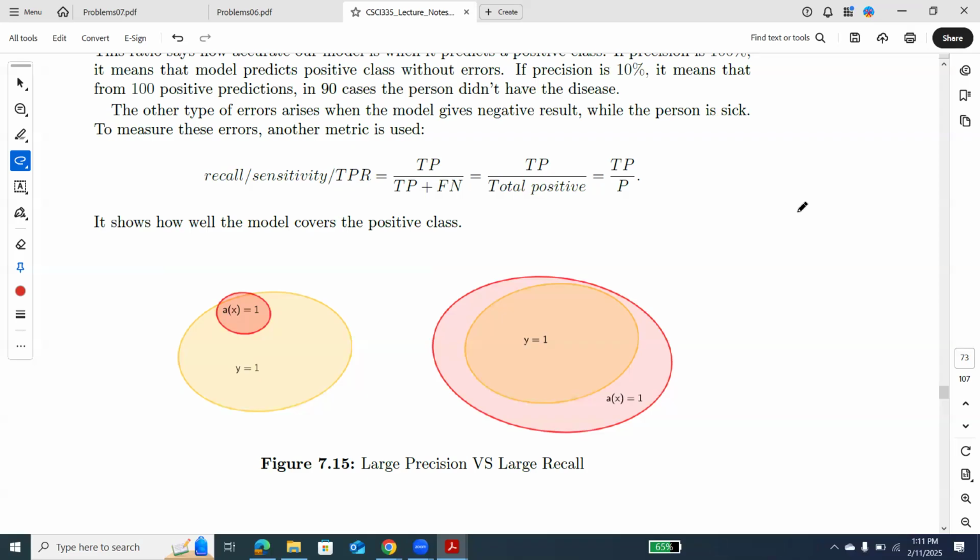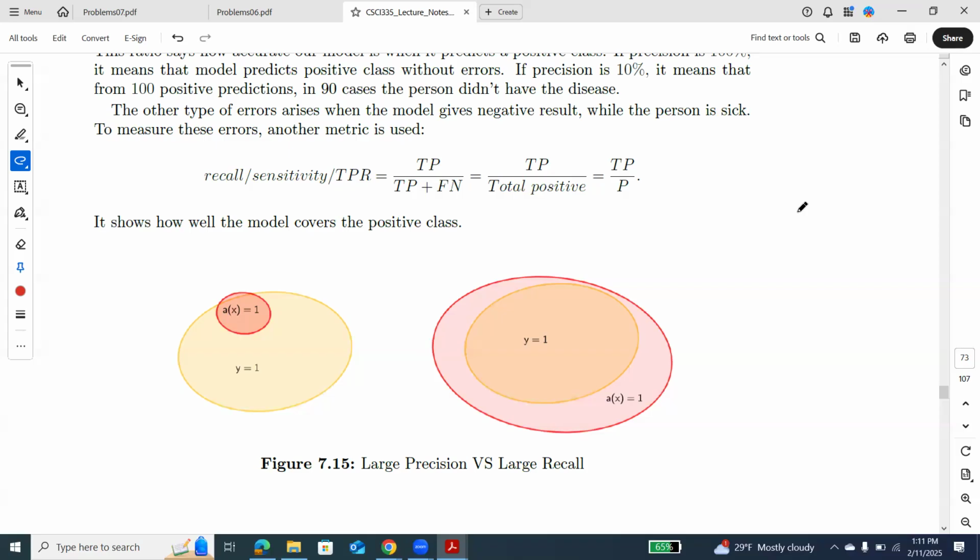Okay, I hope you get the idea that sometimes we want to maximize recall to cover all points from the positive class. Sometimes we want to maximize precision. For example, if we want to hit a missile, then we don't want to spend a lot of guns.